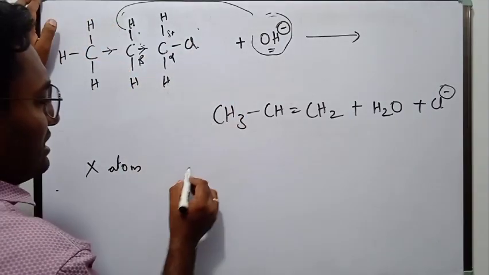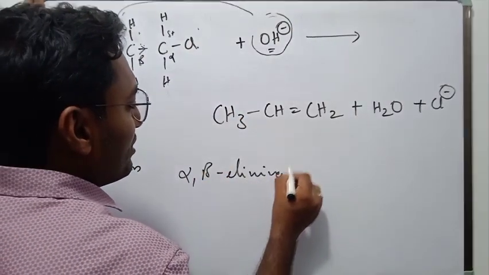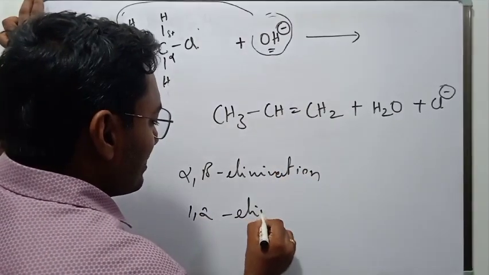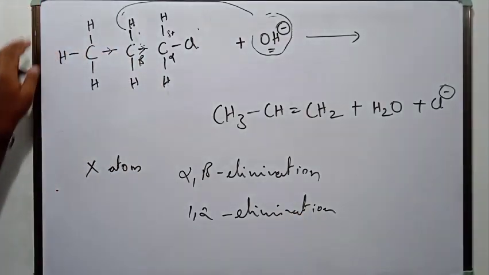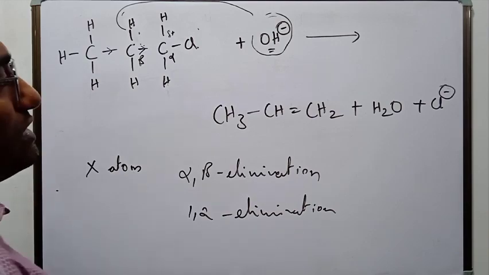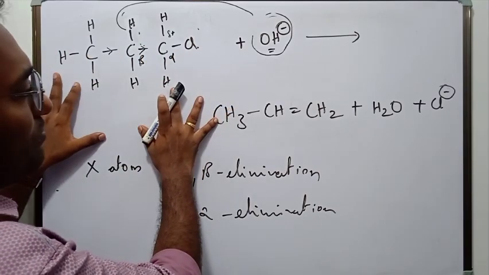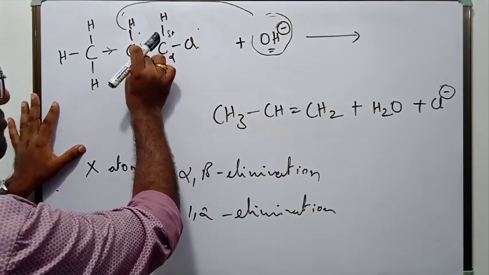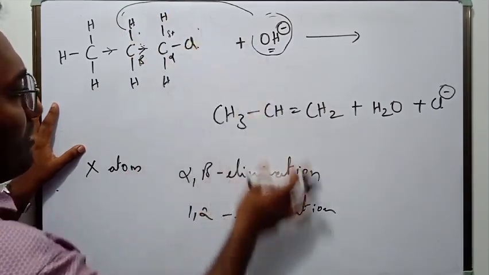So this reaction is an alpha-beta elimination reaction, or simply you can say it is a 1-2 elimination reaction. Dear students, this is what elimination reaction or dehydrohalogenation of alkyl halide is about: how the groups have been eliminated. We have seen an H from the beta carbon atom and a Cl or X atom from the alpha carbon atom.